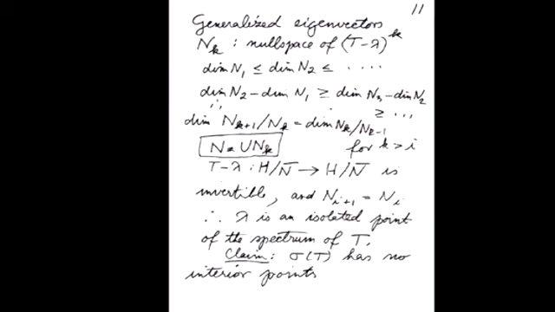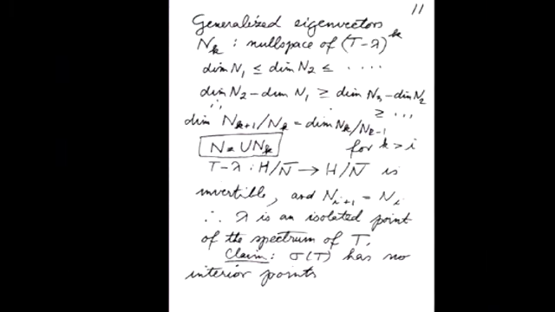That's because T minus lambda maps the quotient space N_{k+1} in a one-to-one fashion onto N_k quotient by N_{k-1}. So the dimensions must decrease. And so we have a decreasing sequence of integers. And then it follows that from a certain point on, these dimensions must all be equal.